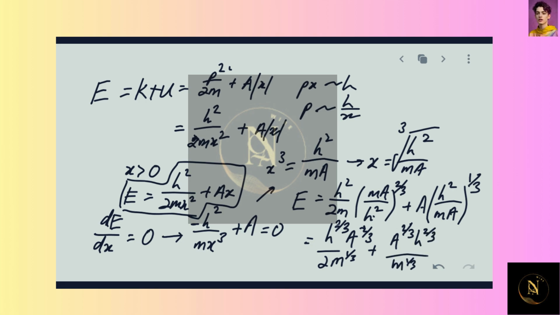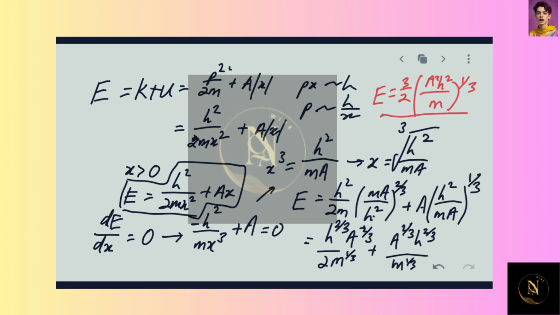And we see that they have the same common factors. So it's just half of these common factors plus one of these common factors. Therefore we end up for energy with 3/2 times these common factors, which are a squared h squared divided by m, all to the power of 1/3.